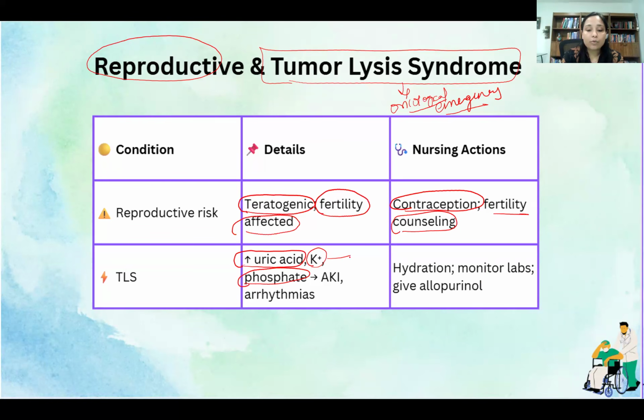When potassium, phosphate, and uric acid are all abnormally high, kidney damage can occur. Why? Because the kidney has to handle all this electrolyte. Because of the potassium imbalance, arrhythmia can also occur. So this is something that we need to monitor once doctors start on chemotherapy.